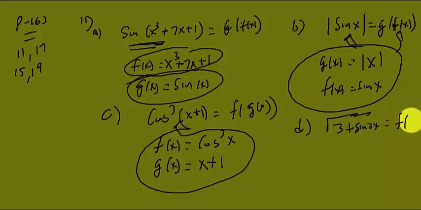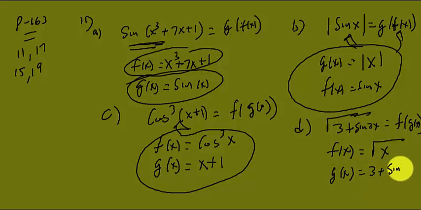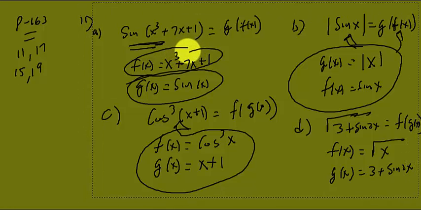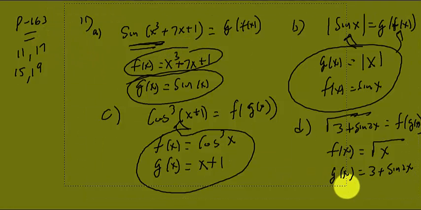If that's my f of g of x, of course my outside function f of x can be represented using square root of x, and g of x, which is my inside function, can be represented by 3 plus sine of 2x. Let's keep going. Okay, let me erase this. Let's try again.